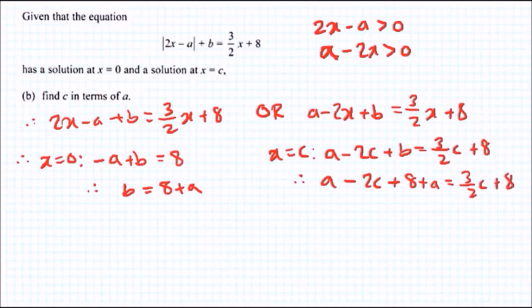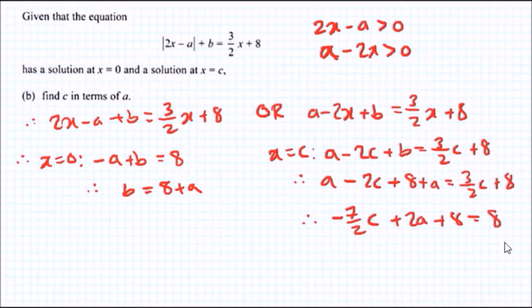a. Now, moving c to the left side and everything else to the right. So that's minus 3 over 2c across. So minus 2 minus 3 over 2 would give us minus 7 over 2c. So minus 7 over 2c. A plus a is 2a plus 8 equals 8.